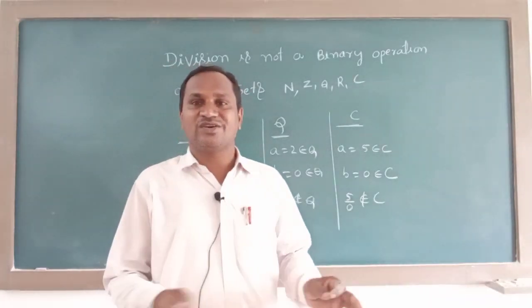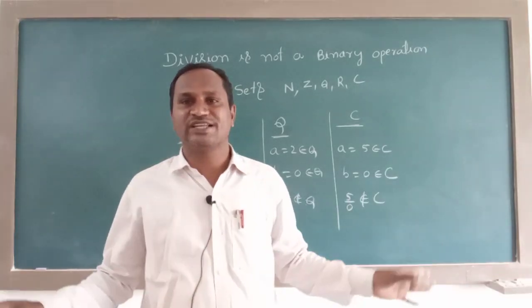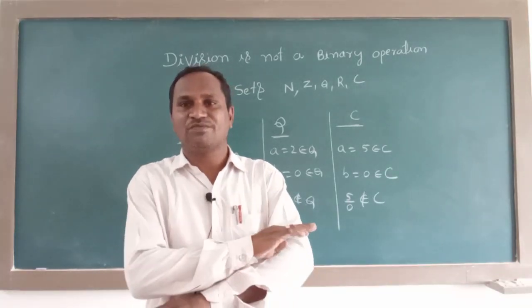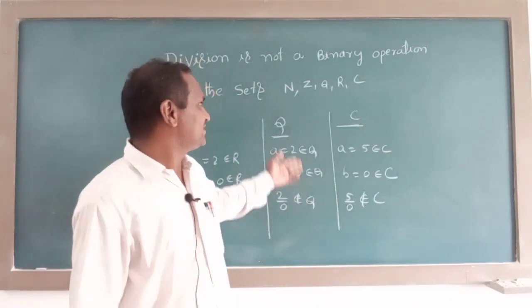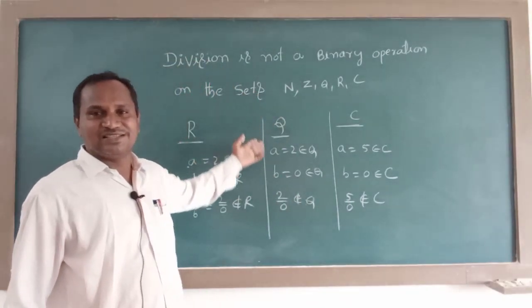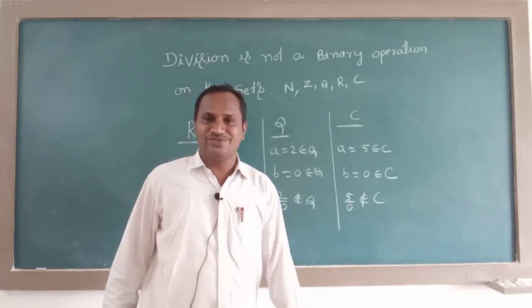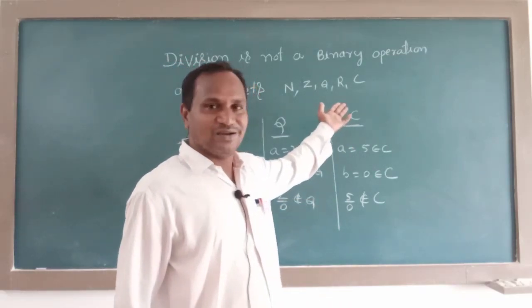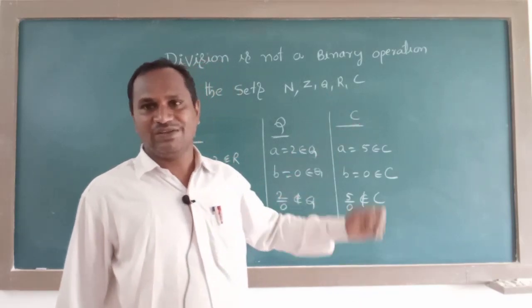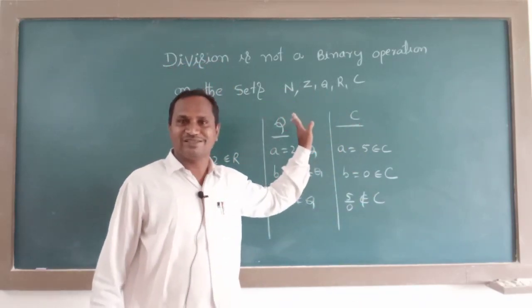But without the non-zero condition, they never form binary operations. That's why, because of all these concepts, division is not a binary operation on the sets R, Q and C here.